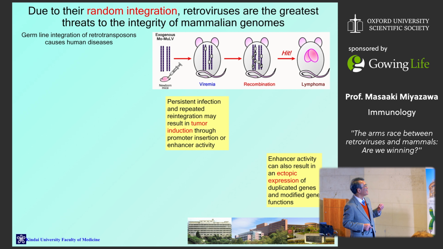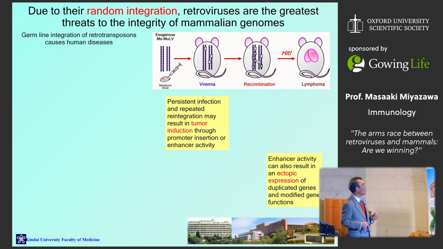Our ancestors expressed amylase only in the pancreas, but after the integration of endogenous retroviruses, our recent ancestors started to express amylase in the salivary gland. So we have to thank retroviruses that we can enjoy sushi, because of expressing amylase in the salivary gland.